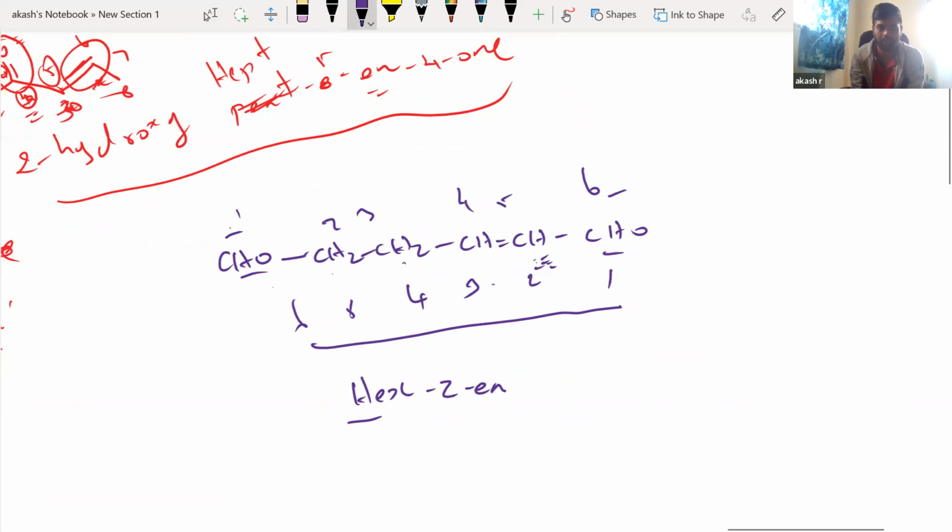And in the second carbon atom we have a double bond, so it is 2n, right? And then you go for the suffix. Suffix is al, but you have to mention where it is present. It is 1 and 6, both carbon atoms have aldehyde, and you have to specify the number also. Two of them are there, so it is going to be 1,6 dial. So hex 2n 1,6 dial is what you have. All right. Next question.